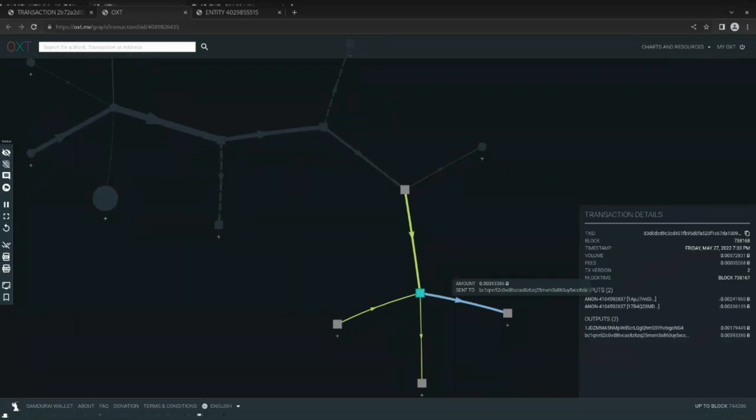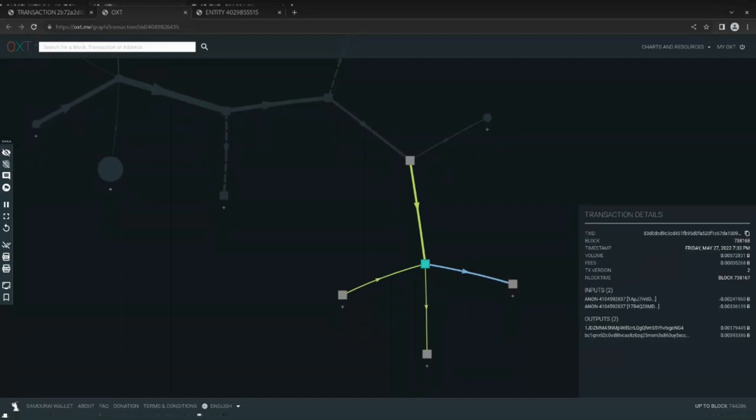We can also apply the different script type heuristic here to help deduce that this is the likely payment, because the 0.039 amount is more than both of these 2 inputs. So these 2 inputs had to be combined by this wallet in order to make that spend.